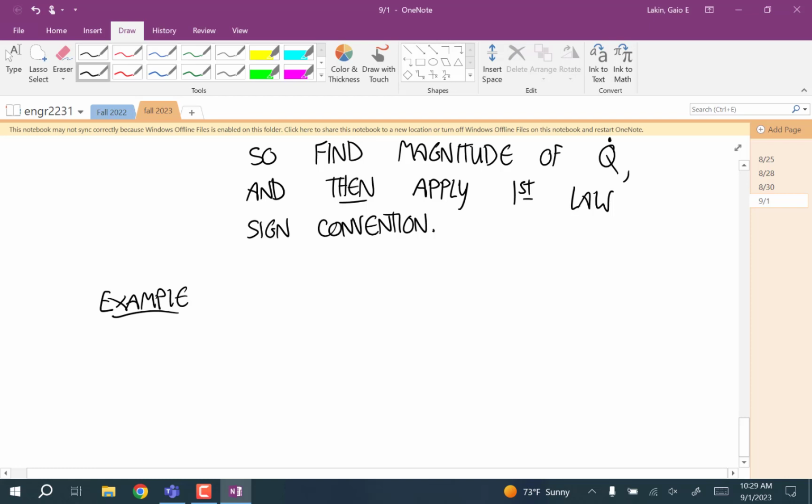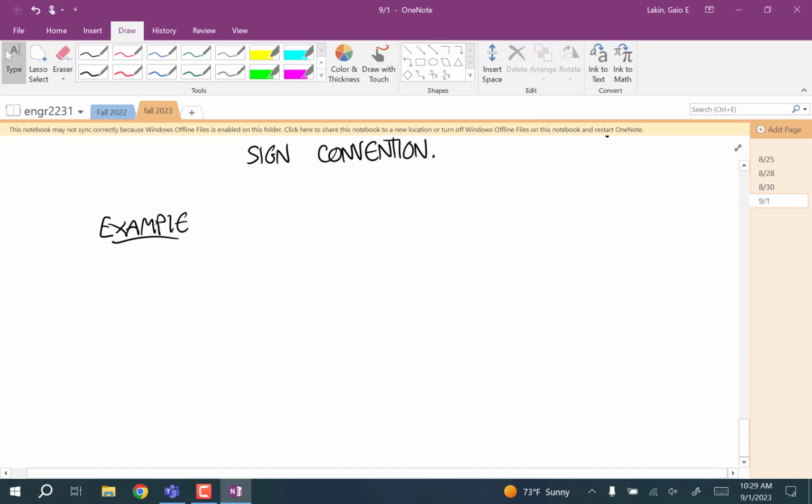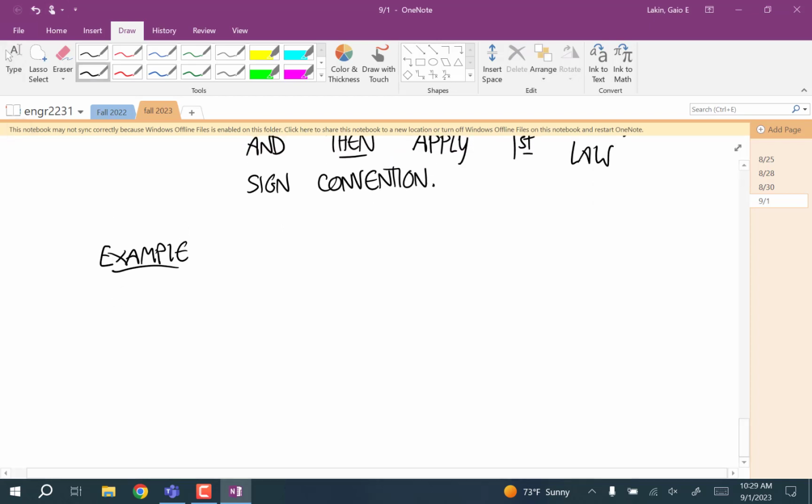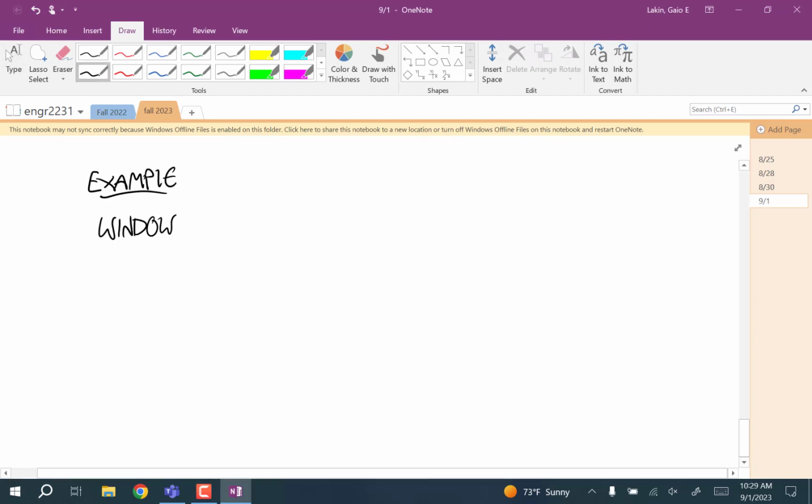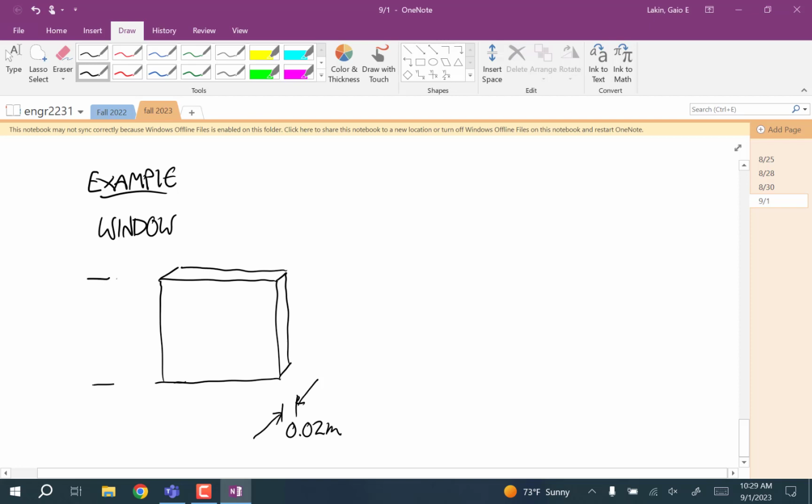So let's say we have a window. And let's say it's 1 meter by 1 meter. The thickness, we'll say, is 2 centimeters, so 0.02 meters. And it's a square where these dimensions are 1 meter.